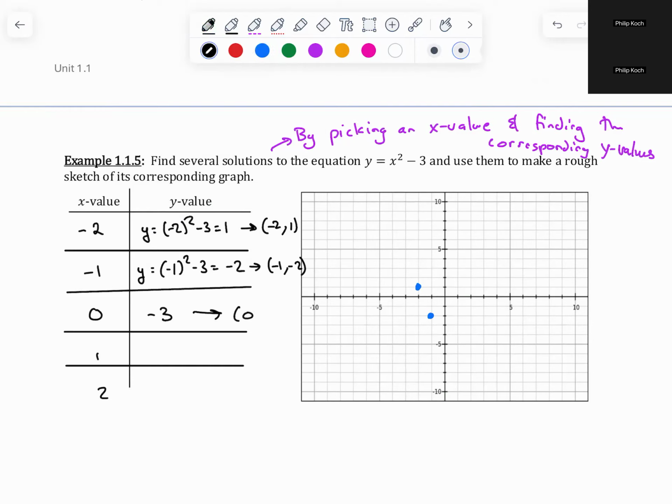So you get the point 0, -3. Right there. And then if you plug in 1 or 2, you should get -2 and then 1. So we have the points 1, -2 and the point 2, 1. Like that.